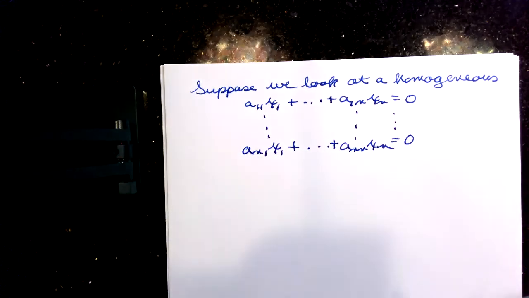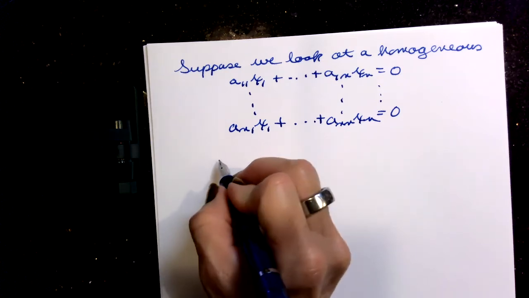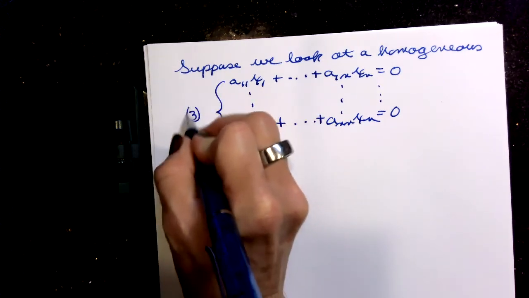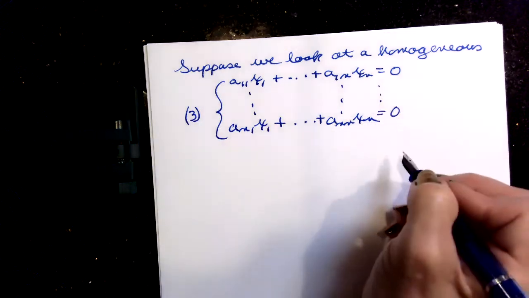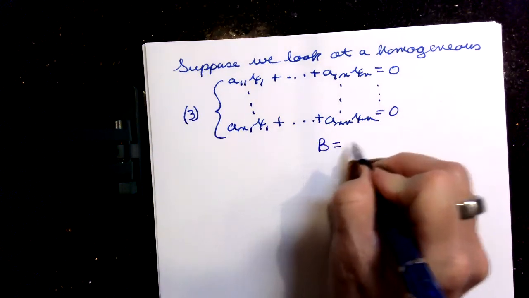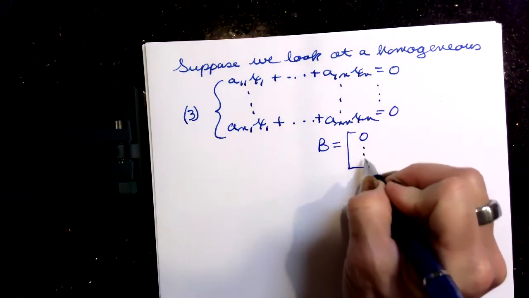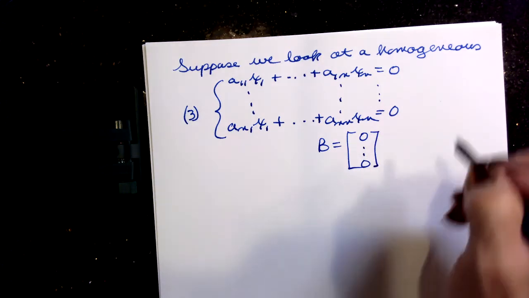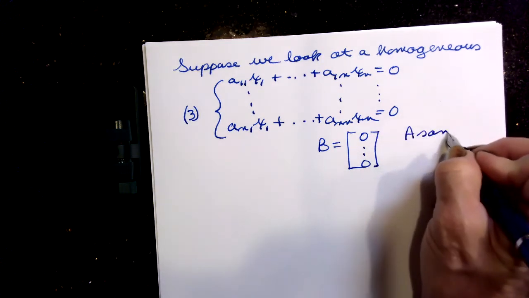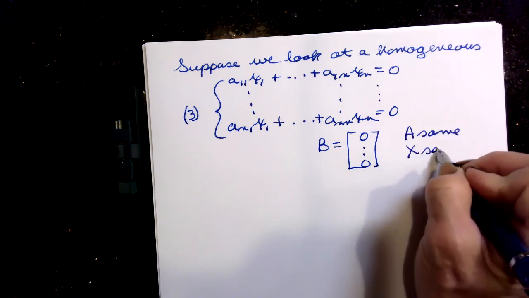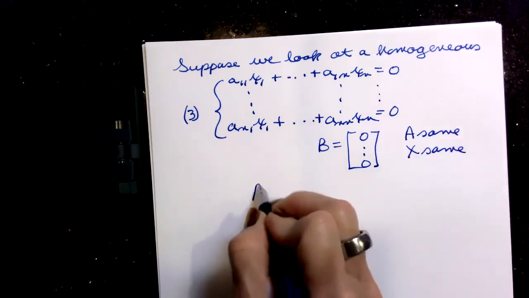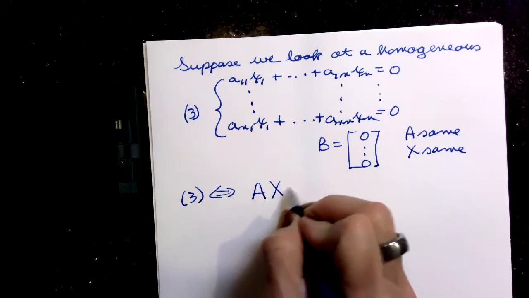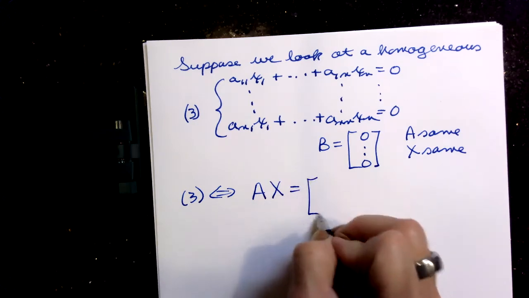Okay, so we have this. Now we write our matrix A as before. Let's call this one 3. We're just going in order. Notice all the right-hand sides are 0. So here our matrix B is just the column vector of all zeros. A is the same as before, and X is the same as before. So 3 is the same as AX equals the 0 matrix.